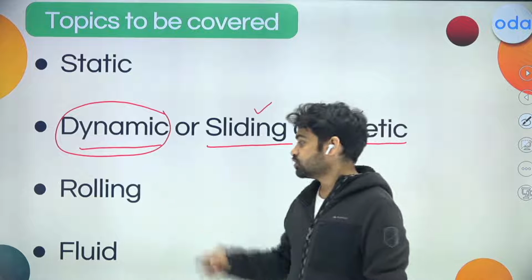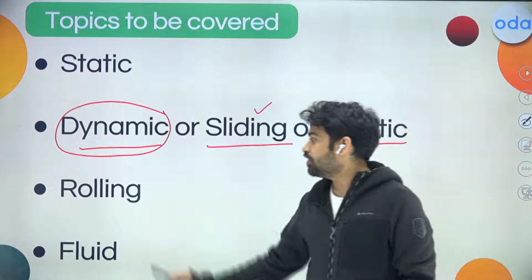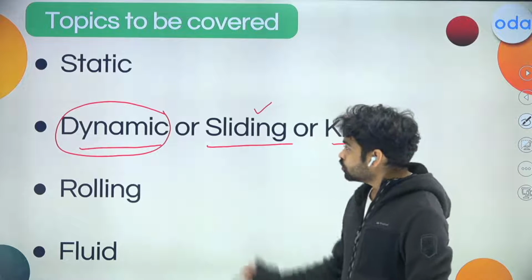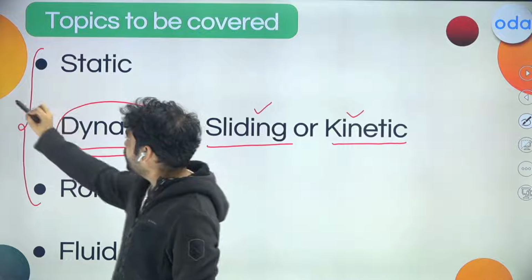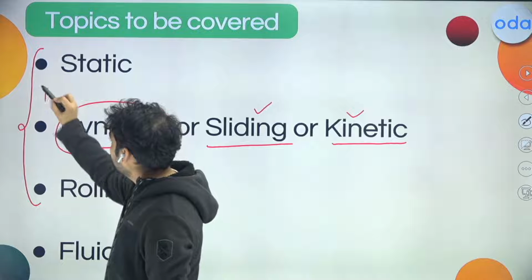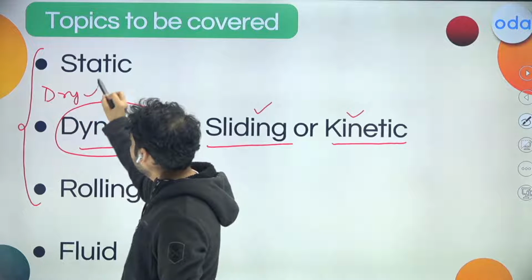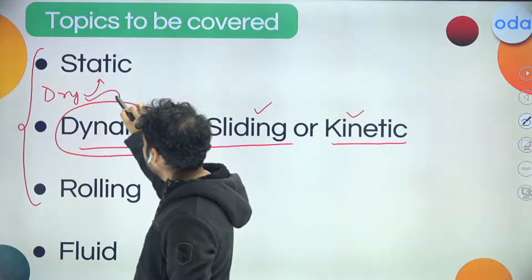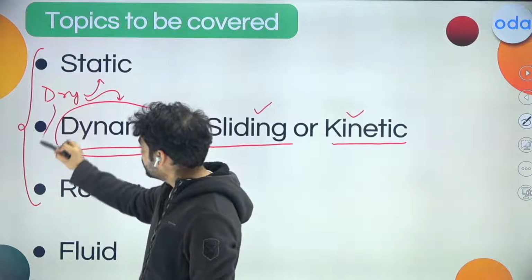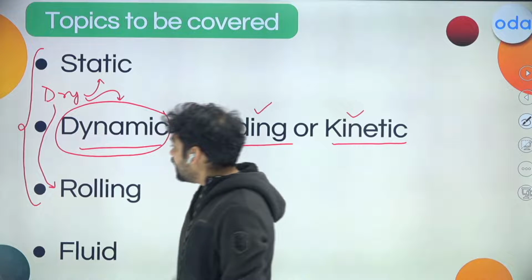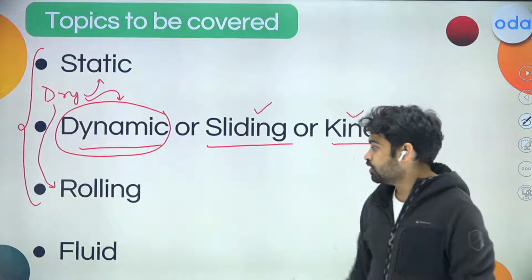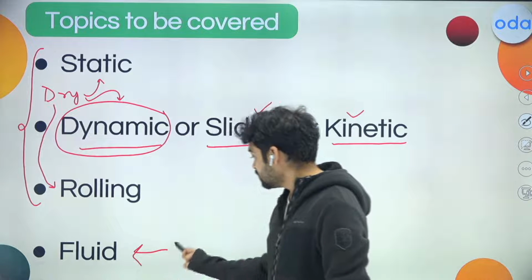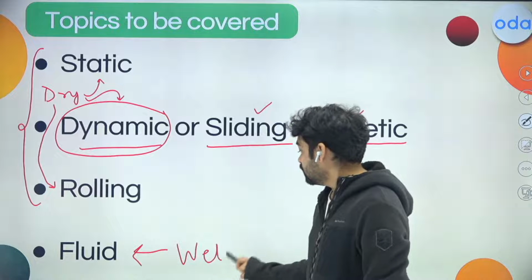The third type of friction is rolling friction, and finally we have the fluid friction. These three frictions combined together are also called dry friction. Under dry friction there is static, dynamic or sliding or kinetic, and similarly rolling also lies under dry friction. This is what we call wet friction.